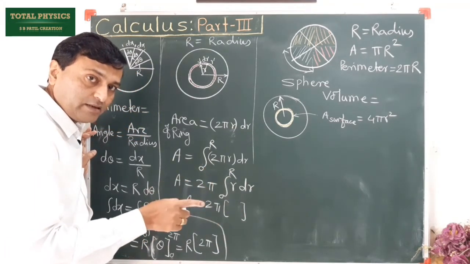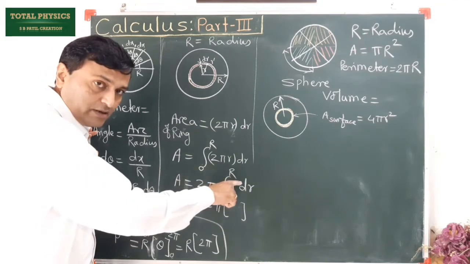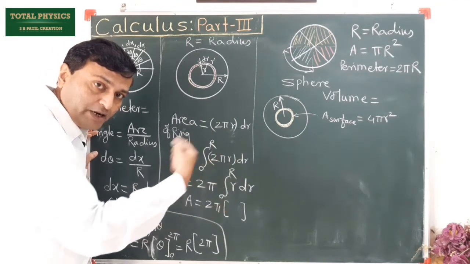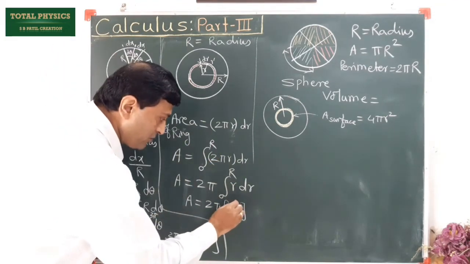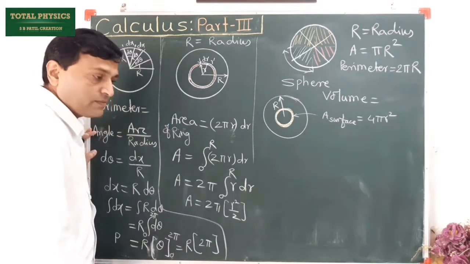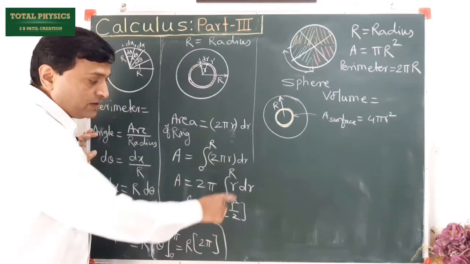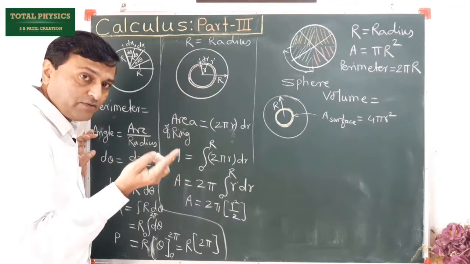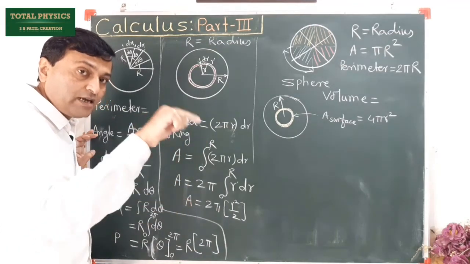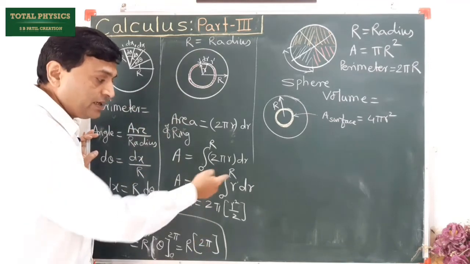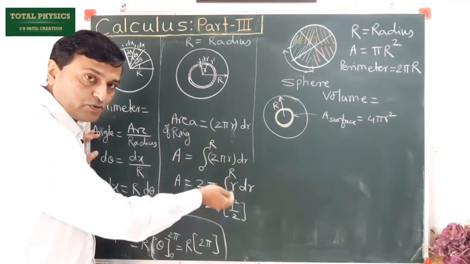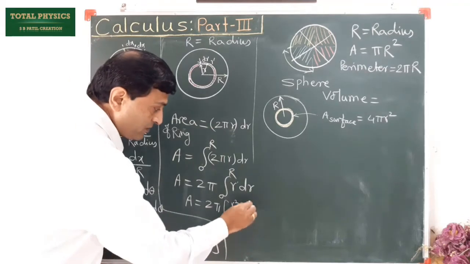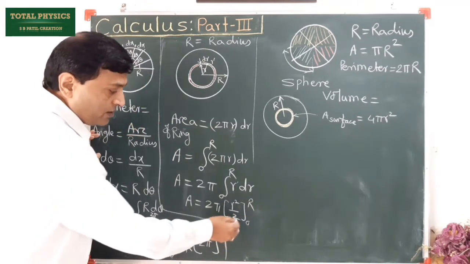We have seen it will be r raised to 1, means r square by 2, because this is 1. You can treat it as n, r raised to n, means the integration of r raised to n with respect to r is r raised to n plus 1 upon n plus 1. Here n is 1, means 1 plus 1 is 2, from 0 to R. 2 gets cancelled.